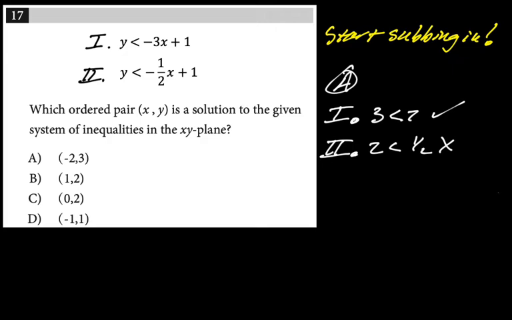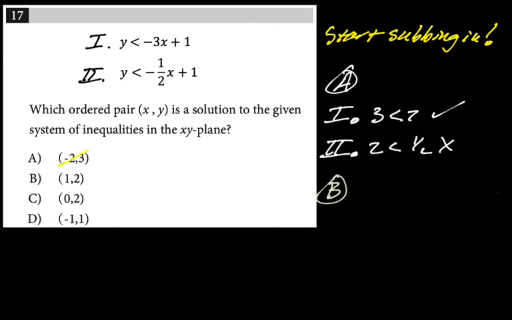It's still not true, but I'm pretty sure my work there is wrong. I think I plugged in point B for that, maybe not even. Anyway, I think that work should say 3 is less than 2, which is still not true, so that is still an x, but I think my work is suspect there. So cancel that one out.